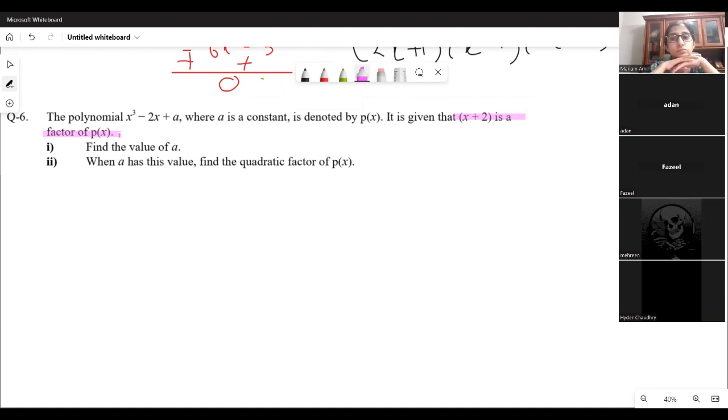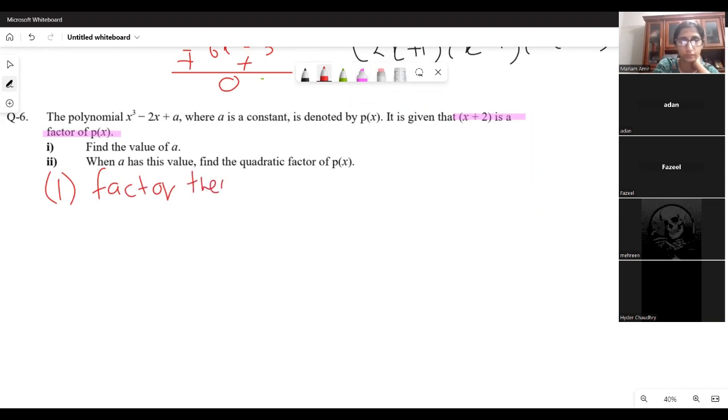We'll substitute the value x equals minus 2 in the expression and equate it to 0. We're using the factor theorem, which says that you equate your divisor to 0, which gives you x equals minus 2.